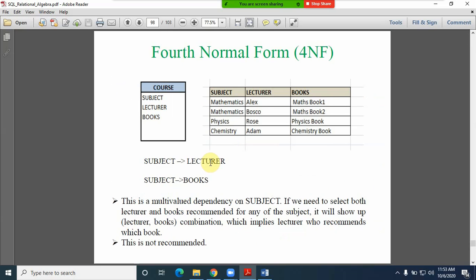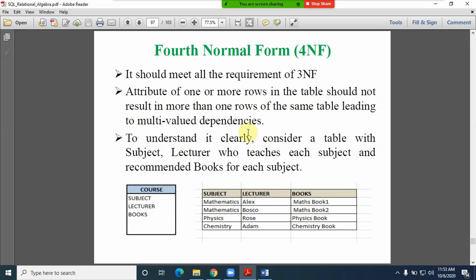Okay. So for the fourth normal form, the important point is attribute of one or more rows. Here, lecturer as well as the books in the table should not result in more than one row of the same table, leading to multi-valued dependencies.